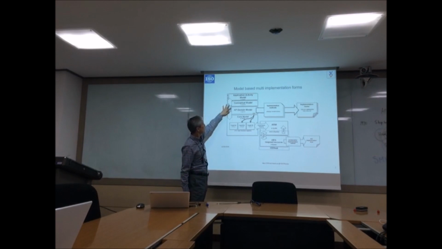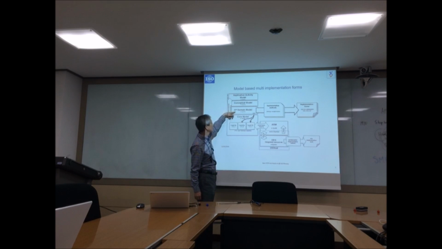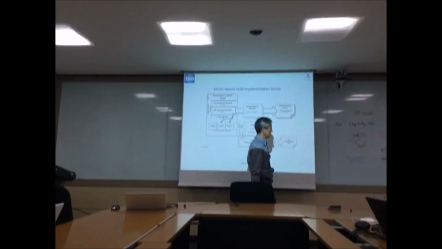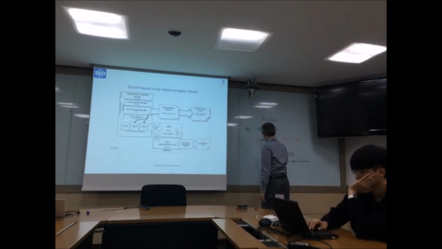And model-based mapping. You are saying this is the concept. Maybe ARM and AIM, and probably the mapping is what they are saying. And core model means the common resources. CTC is core technology capabilities, common resources, all in the module resource library.